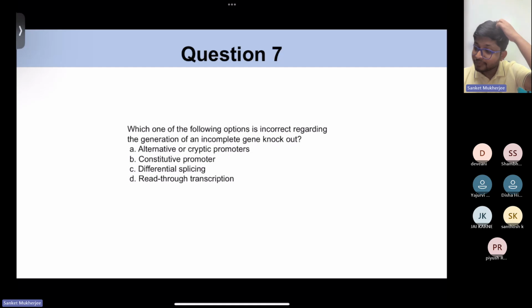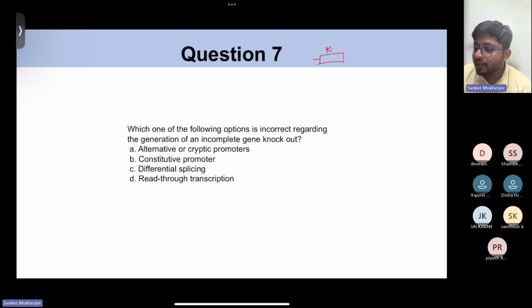Okay. The question asks which of the following is incorrect in generation of an incomplete knockout. So if there is an incomplete knockout, let's say you want to remove a gene X and it's not completely removed, what could be the drawbacks? Let's discuss it.